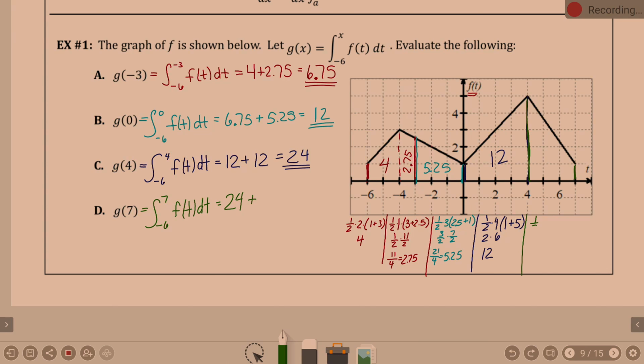So 1/2, height of 3, heights of 5 and 1. So 3/2 times 6, 18/2, which is 9. I keep double checking my key to make sure we're on the right track here. 24 plus 9 is? Okay. That's pretty fun.